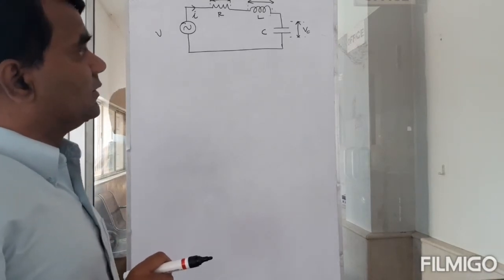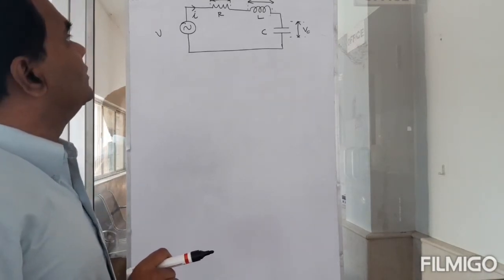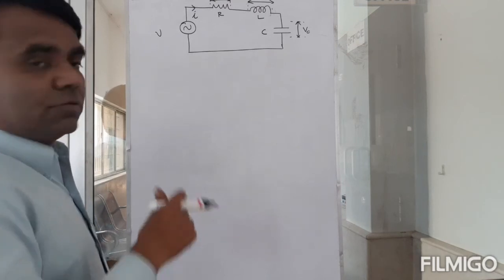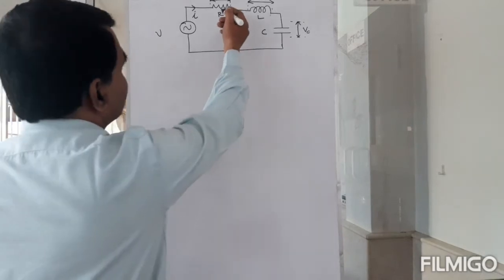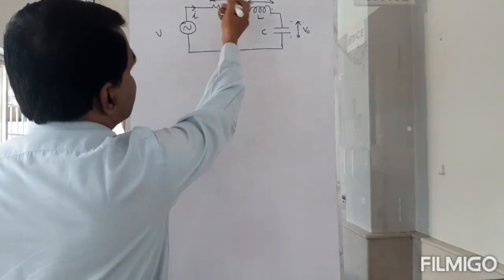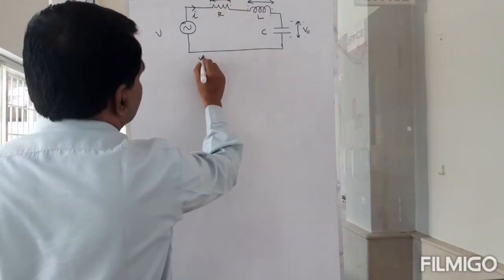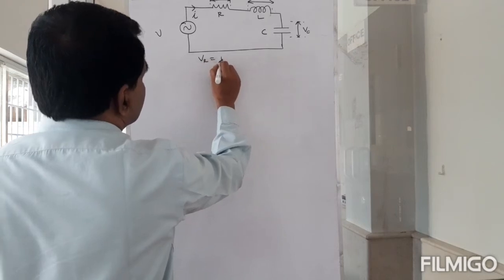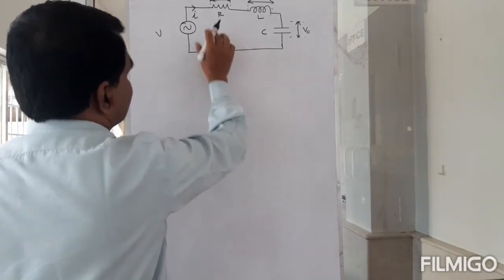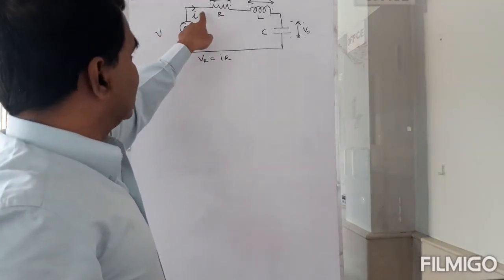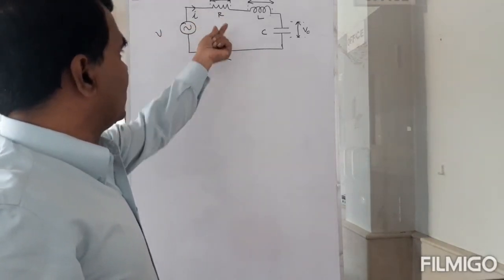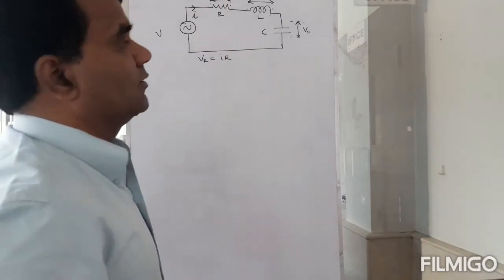Mathematically, I can write an equation for this. So, what is my VR? My VR is equal to IR at that time. At any particular point in time, the current that flows through the circuit multiplied by R will give me the voltage drop VR.